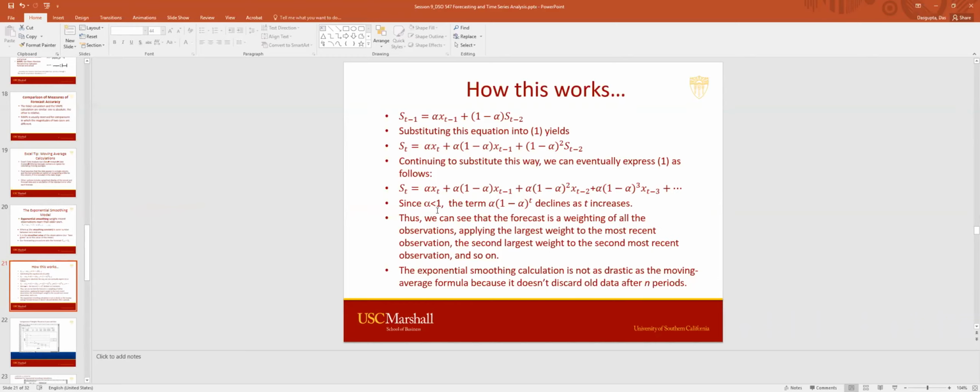Since alpha is a number less than 1, this coefficient before xt minus 2 and xt minus 3, the previous observations, they decline. So you're putting less and less weight into the past. The next one would be alpha times 1 minus alpha to the 4, xt minus 4, which is even a smaller weight to that.